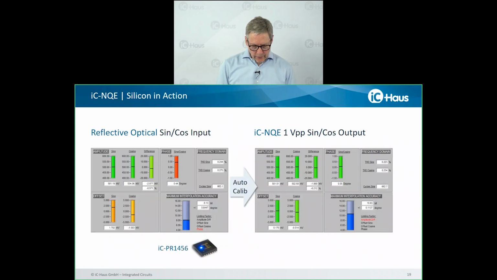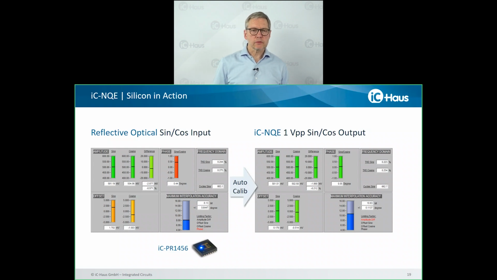I'm now coming to application examples. I'm starting with an optical encoder, the reflective iC-PR1456, which reads a small code disk of just 14 millimeters with 256 lines.